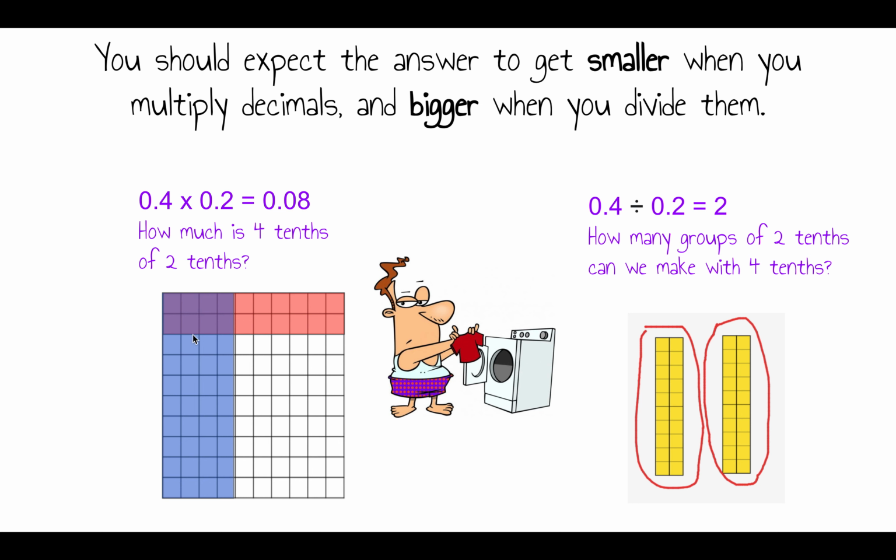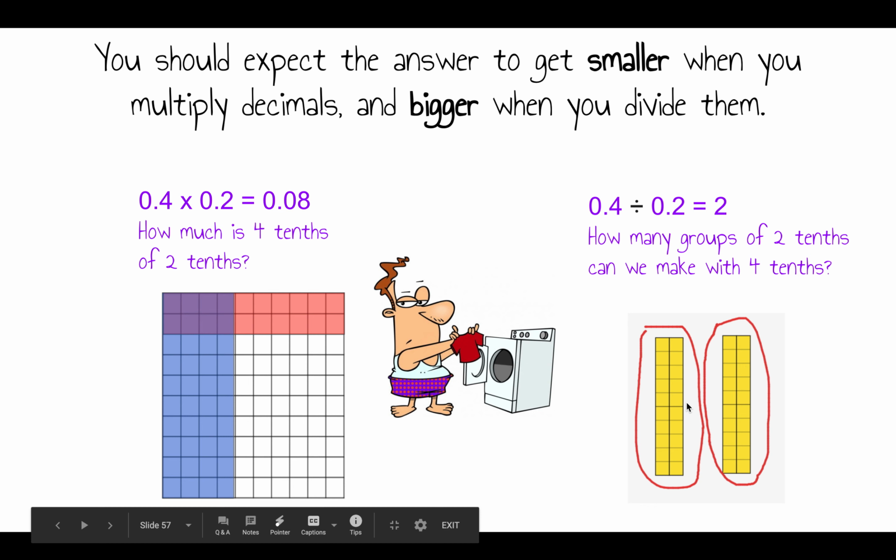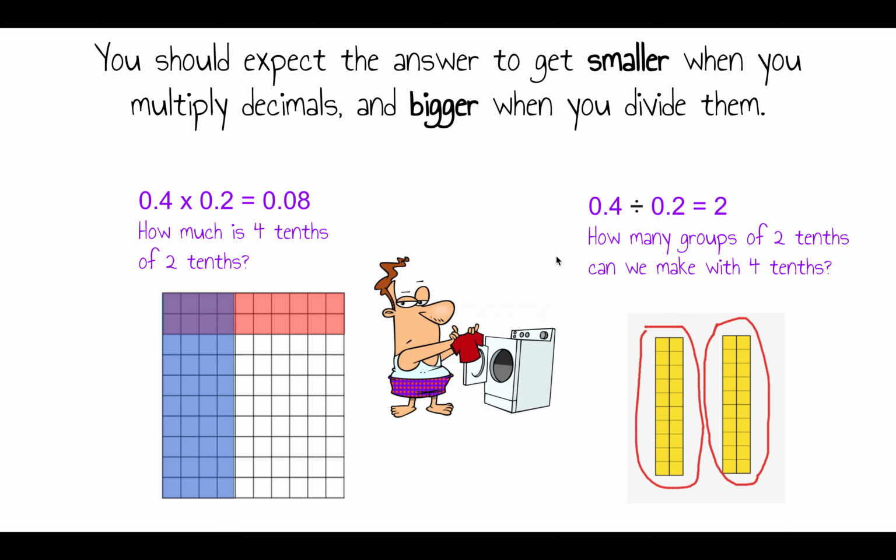That's an even smaller number because I'm finding out how much is 4/10 of 2/10. On the other hand, 4/10 divided by 2/10 is 2 because I'm seeing how many groups I can make with 4/10 when I'm making groups that are 2/10. So if that sounds confusing, that's okay. We're going to figure it out together.